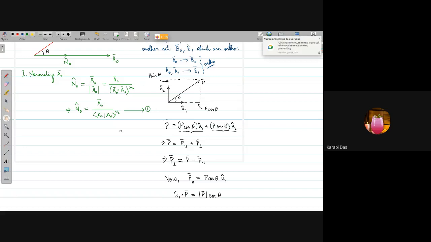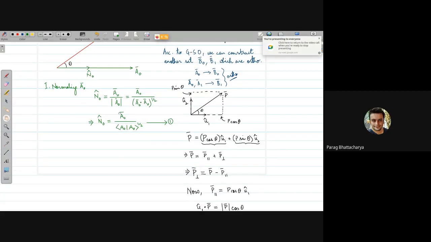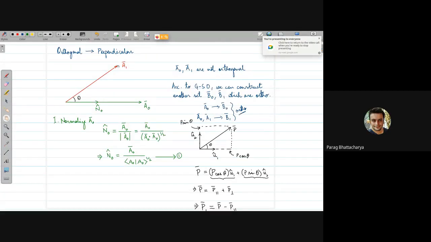So now that we have got this unit vector along this direction, we'll proceed to find a vector which is perpendicular to n0. In other words, we are looking for a vector in this direction which is perpendicular to n0.